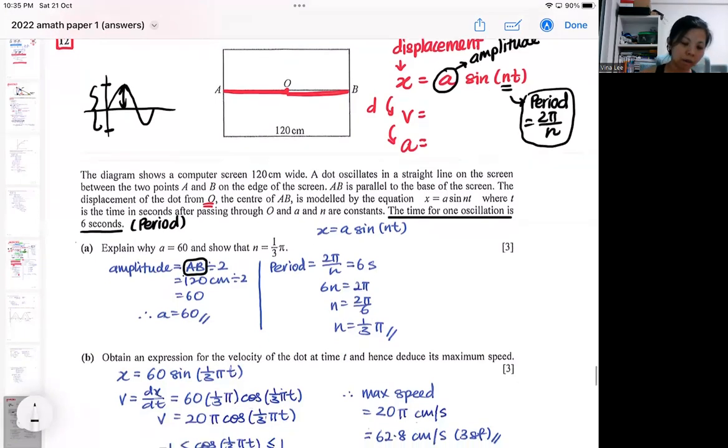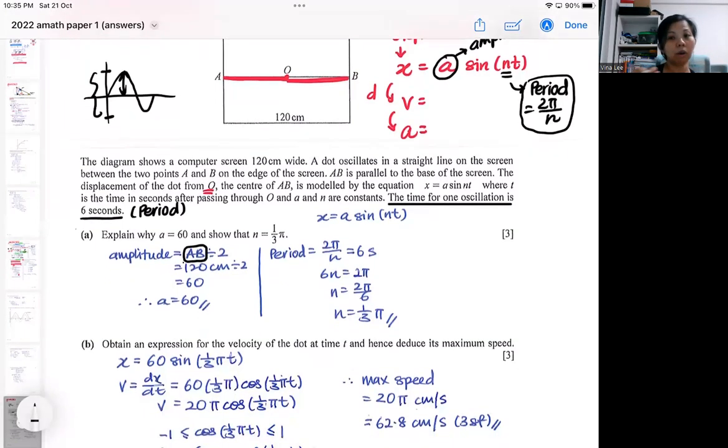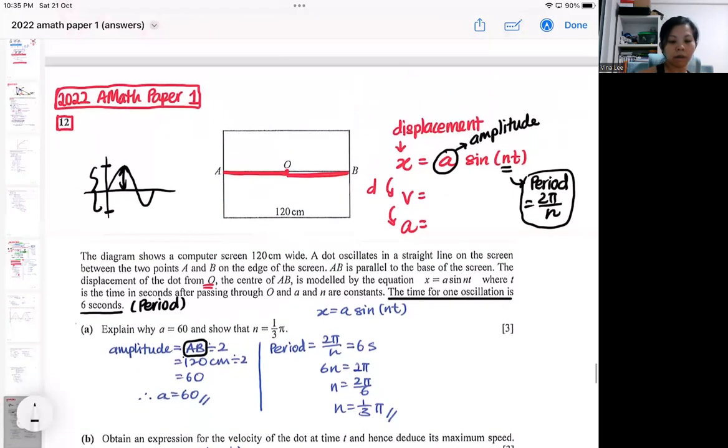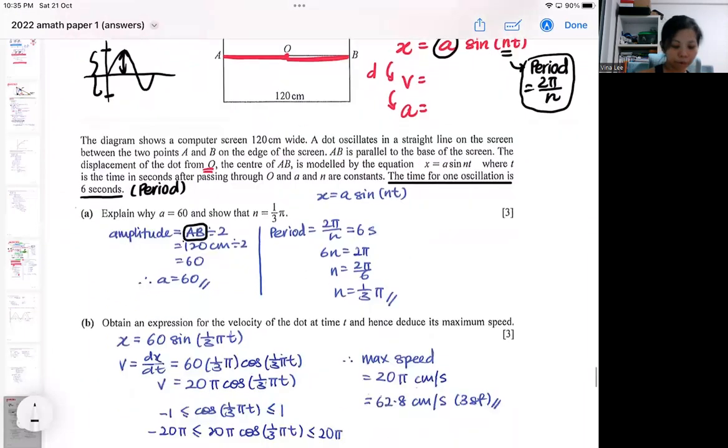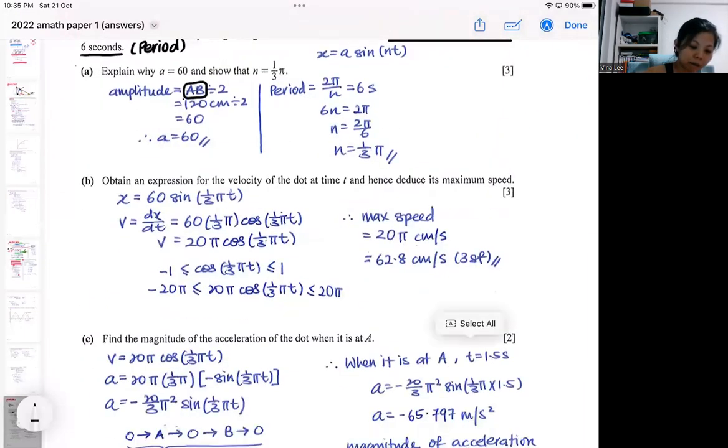The next one relies on your concept of kinematics. For part B, we need to obtain an expression for the velocity. Displacement is represented by the sine function, so you need to differentiate the displacement formula.